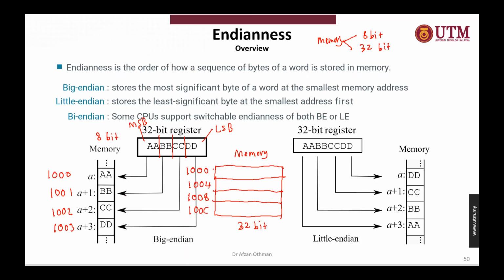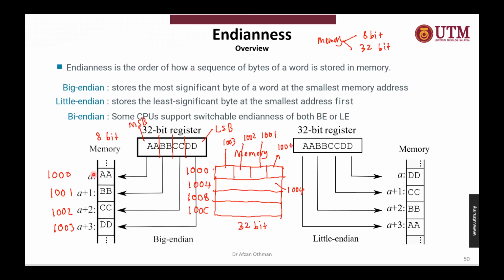So actually, at address 1000, we have 4 bytes of memory. This is 1000, this is 1001, this is 1002, this is 1003, and then the next will be 1004. It will keep repeating.